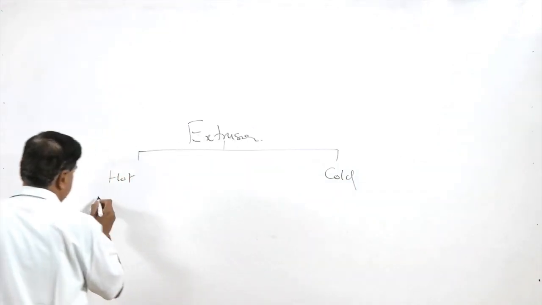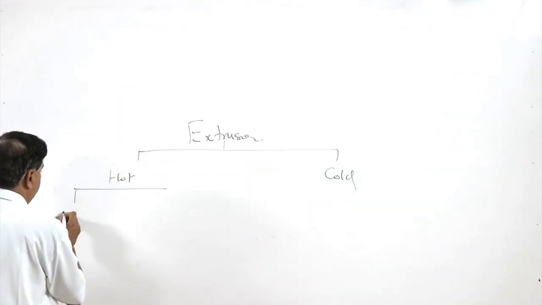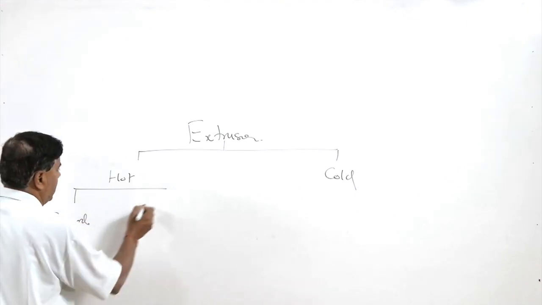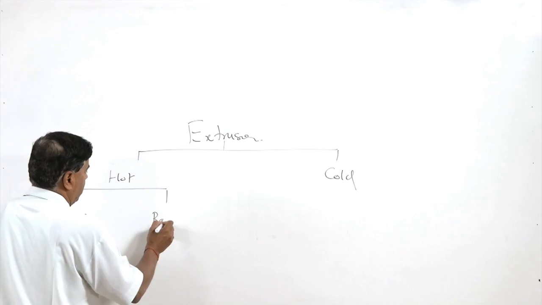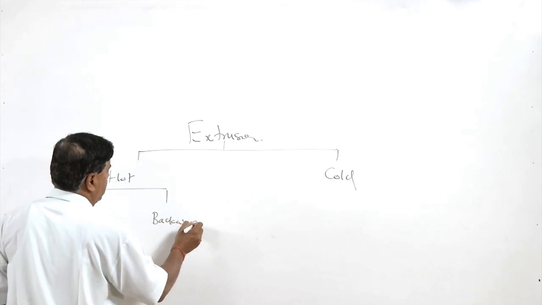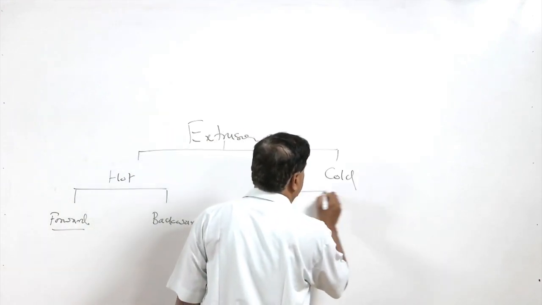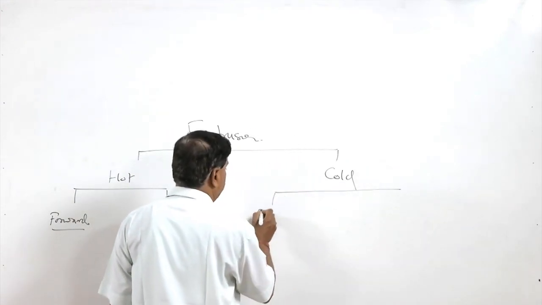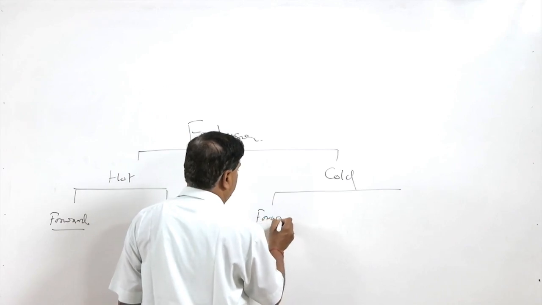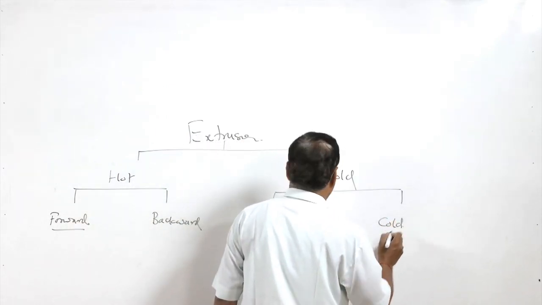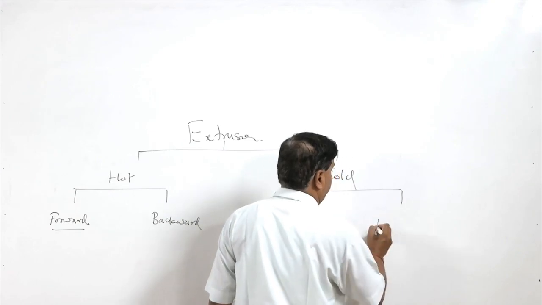In hot extrusion, we have forward extrusion and backward extrusion. And in cold extrusion, again we have forward extrusion and backward extrusion.